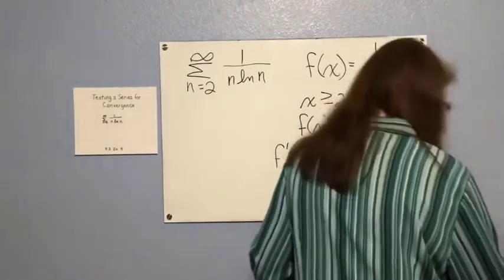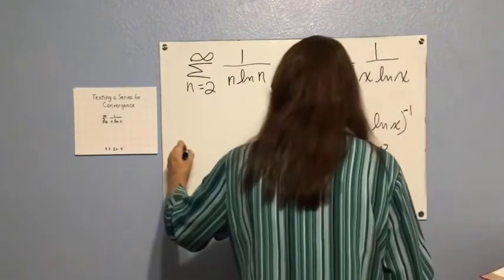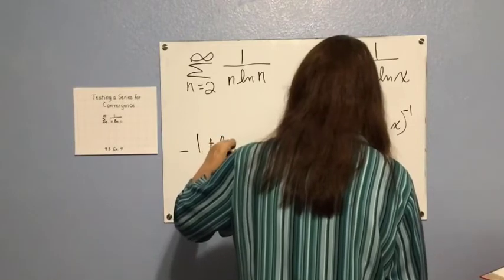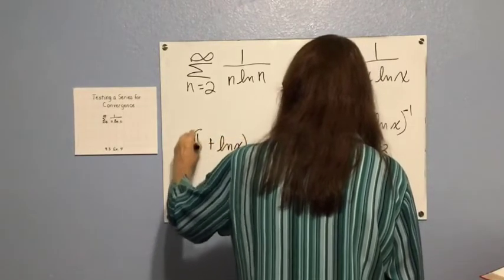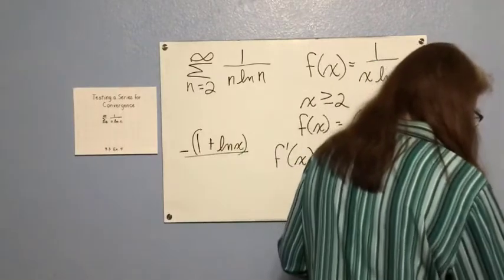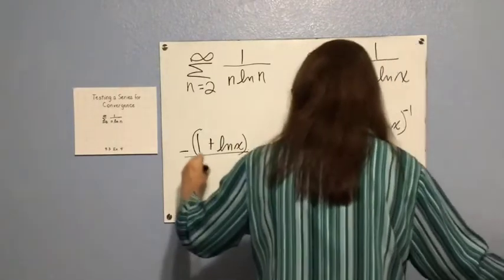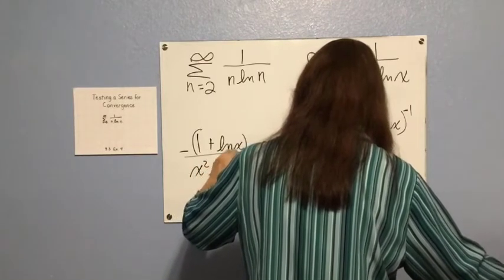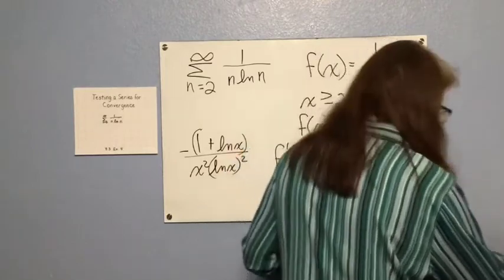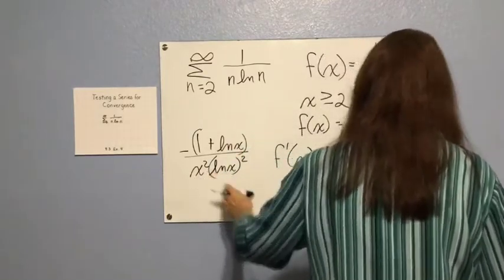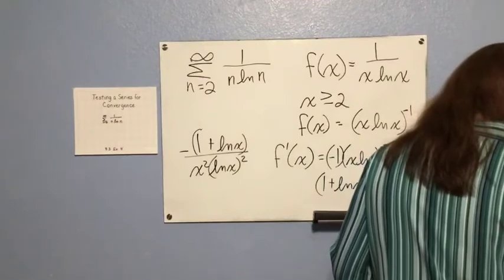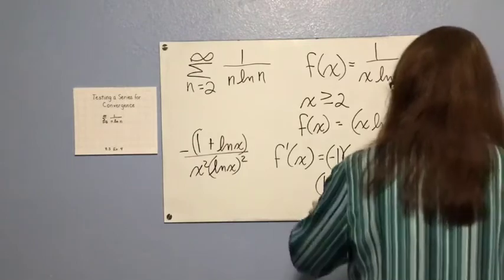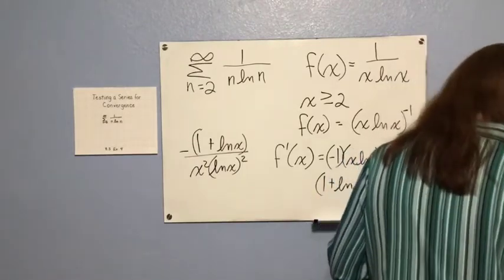So we could rewrite this all together as negative 1 plus natural log x over x squared natural log x squared. So now we can see that this is less than 0, so the function is decreasing when x is greater than 2. So we've satisfied the conditions for the integral test.